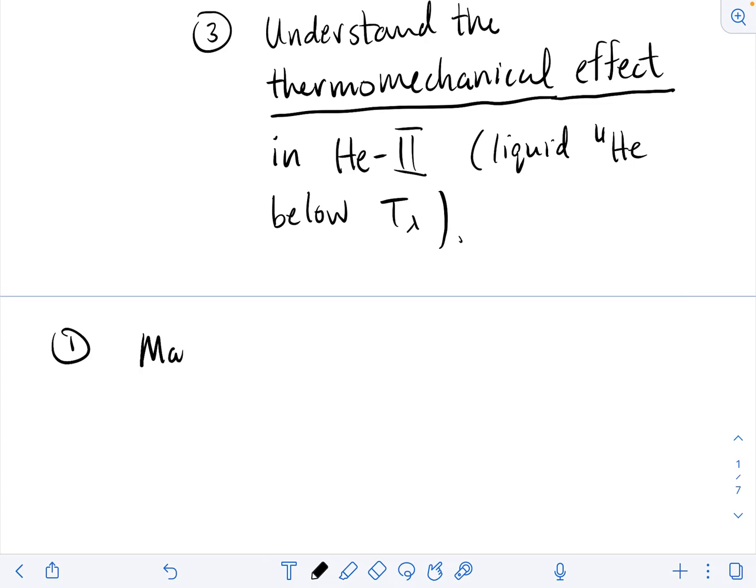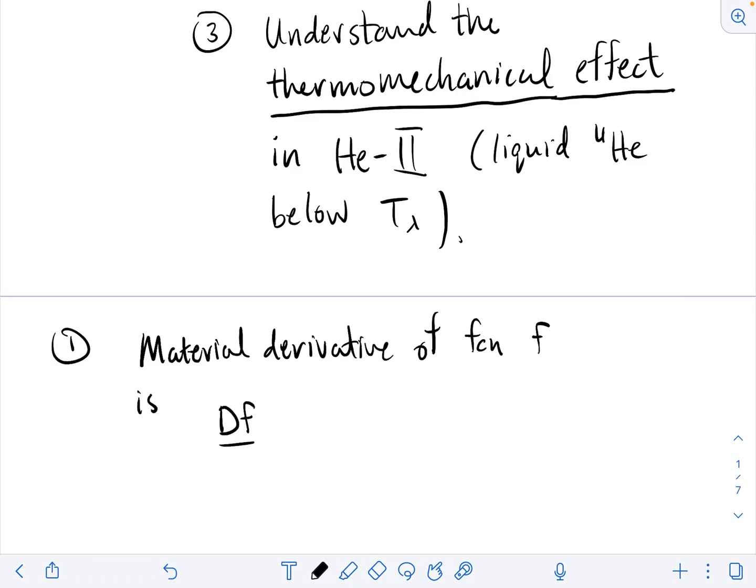So the material derivative of a function f is often written for shorthand as capital Df divided by capital Dt, and its definition is a partial derivative of f with respect to time, plus v dot gradient of f.